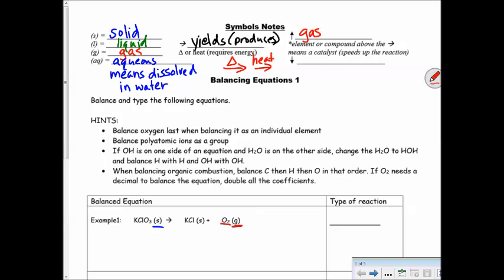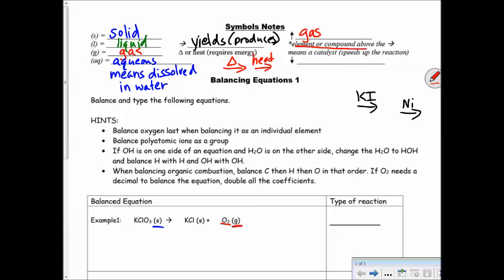If you see an element or a compound above the arrow, like sometimes, for instance, you might see an arrow like this with KI above it, which is potassium iodide, or you might see something above it like with Ni, meaning nickel was added. If you see something like that, that follows this statement right here.